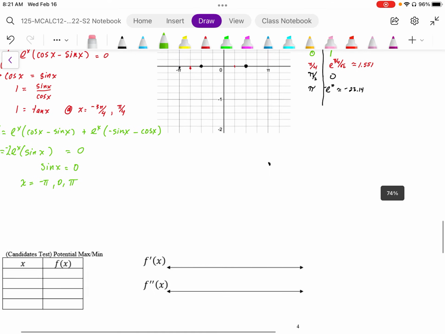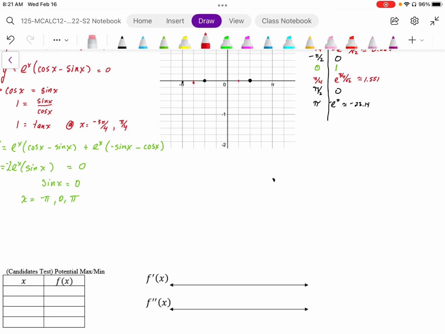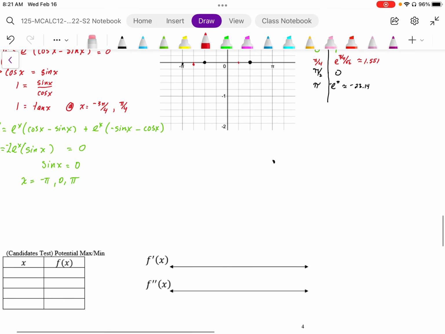So doing my slope chart here, I have negative 3 pi over 4, and we have a 0 here. We have positive pi over 4, we have a 0 here, and we have to test our inflection at 0.